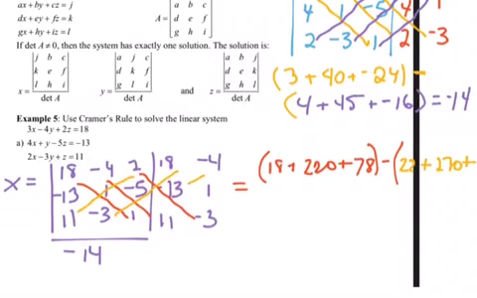I ran out of room. Negative 4 times negative 13 is 52 times 1, so that's 52.